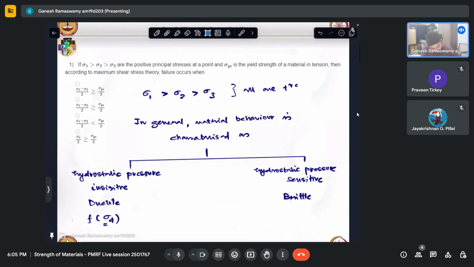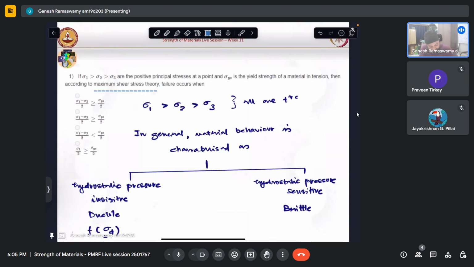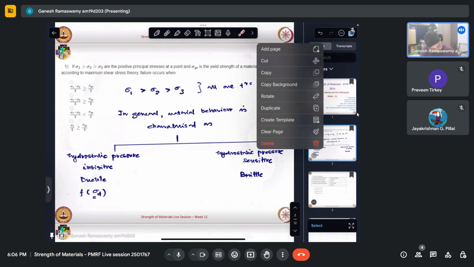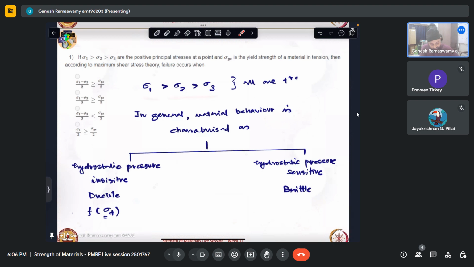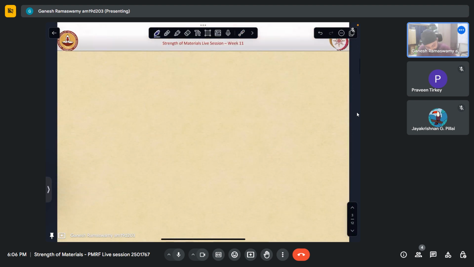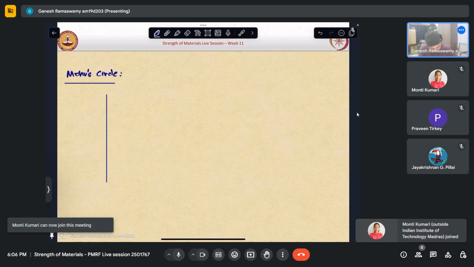Basically, the maximum shear stress criterion is widely applied to metals, and is also known as the Tresca criterion. With this background, we have been told that there are three principal stresses and all of them are positive. So if we were to draw the Mohr circle for this case, we have the axes like that.